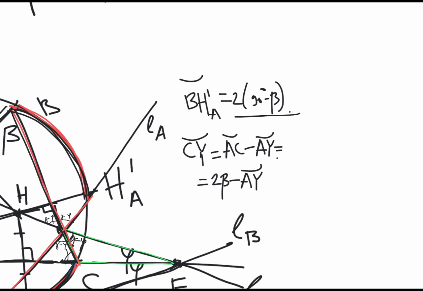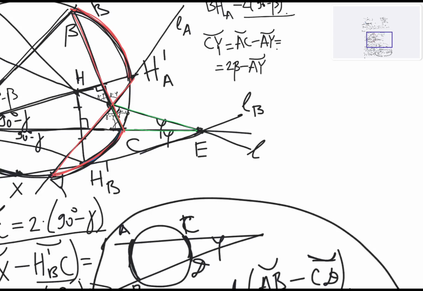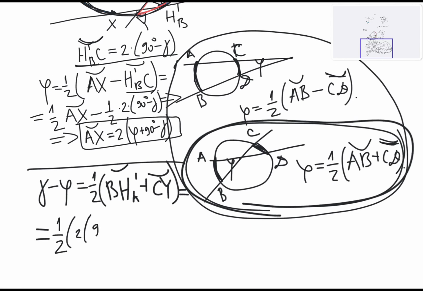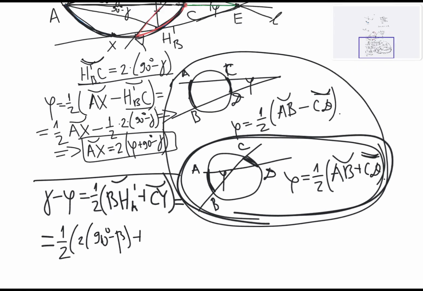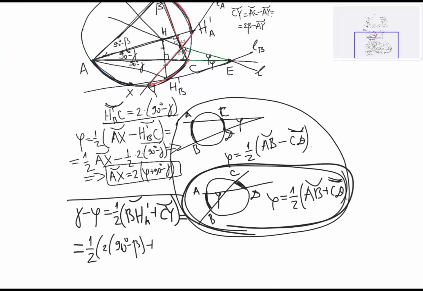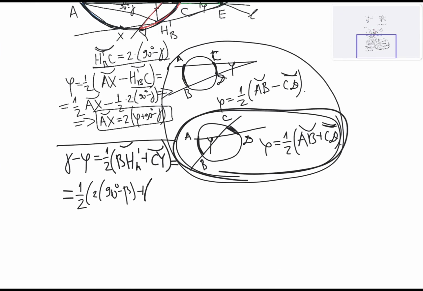So it's equal to 1/2 of 2 times 90 degrees minus beta, plus CY, which is 2 beta minus AY, plus the arc AY. And so from this we express the arc AY.